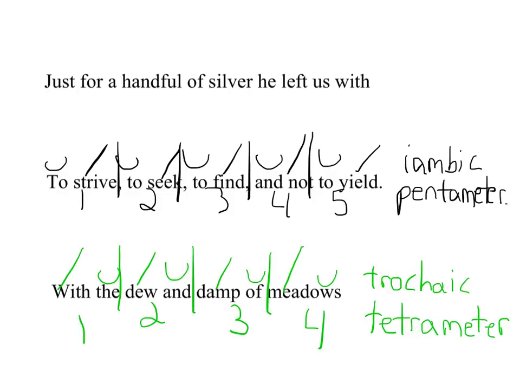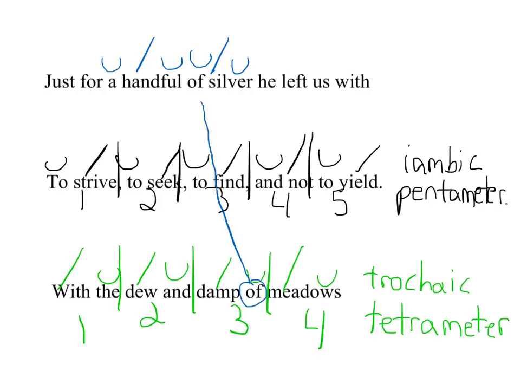Just for a handful of silver he left us with. Oof. Well, handful is a pretty strong word. You can hear the handful. Plus we have a suffix. That's weak. Silver is a weak word. Of is a pretty weak word. It was, if we look down here, unstressed.